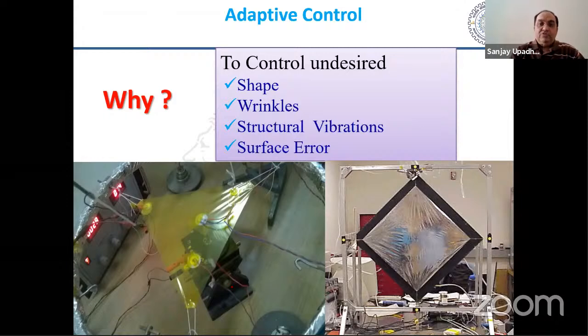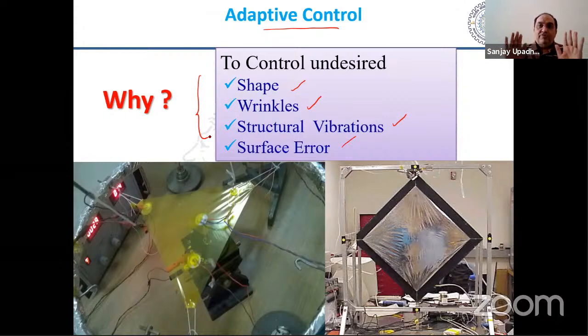So what is adaptive control? Why is it required? It controls undesired shape, wrinkles, structural vibration, and surface error. That means if you want to control the shape and the wrinkles, all these things are essential. Adaptive control means that once you launch the space shuttle in orbit, it is not in our control.